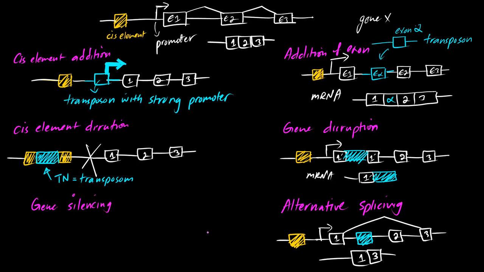Gene silencing means that we have a gene, maybe its promoter is not methylated, but a methylated transposon comes and inserts itself in the promoter region like this.